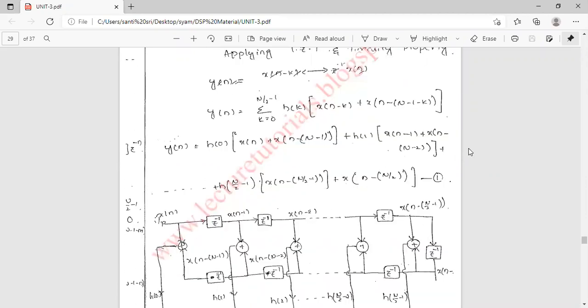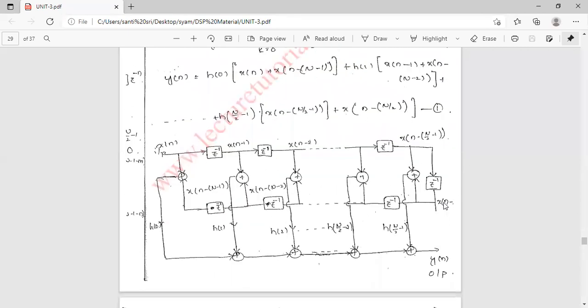So this is the expression. So h of 0 into x of n plus x of n minus N minus 1 plus h of 1 into x of n minus 1 plus x of n minus N minus 2 plus up to h of N by 2 minus 1 into x of n minus N by 2 minus 1 plus x of n minus N by 2. Let it be considered as equation number 1.